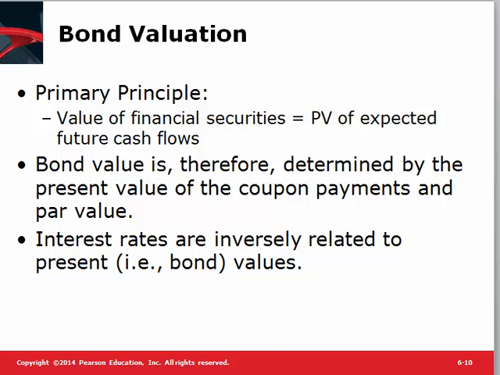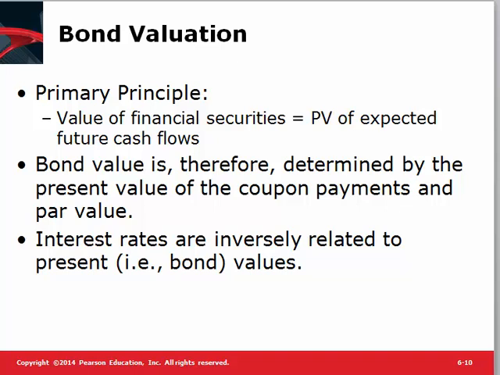Well, to find the present value, we need to understand something about risk. We need to have an idea of what the required return is on the asset, on the investment. We'll talk about that in a couple minutes. So in the meantime, let's just assume that we know what that number is, and we'll talk about that here in a couple more slides.